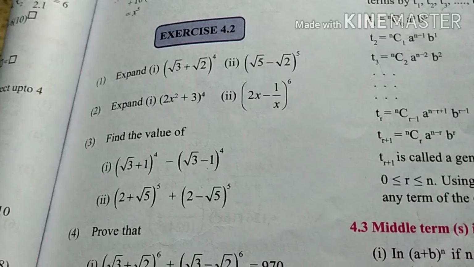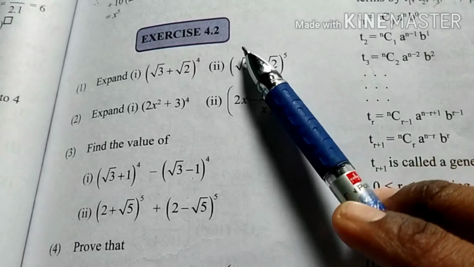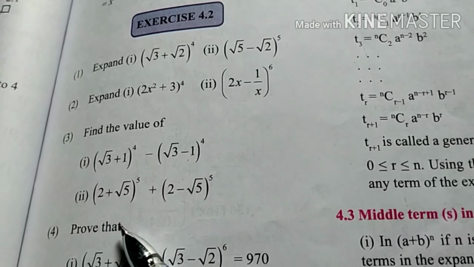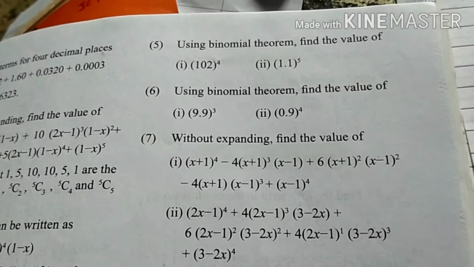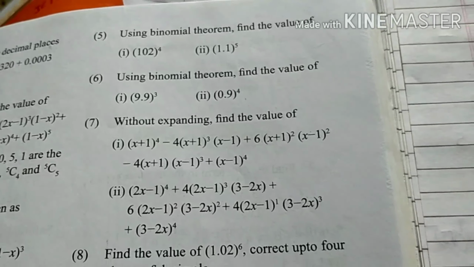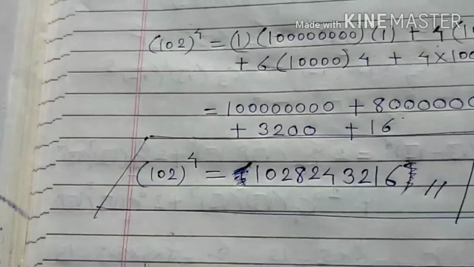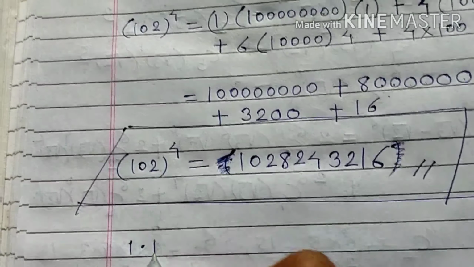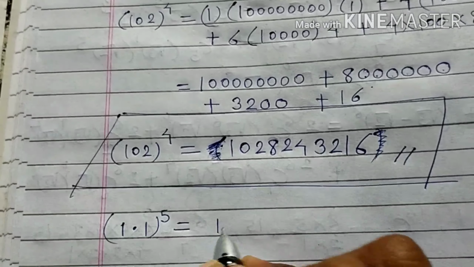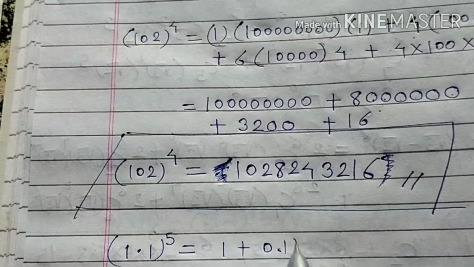Now try to solve the remaining examples of exercise 4.2. You can try all these examples. So here is the expansion of 1.1. 1.1 means 1.1 raised to 5, so you can split it like that, (1 plus 0.1) raised to 5.